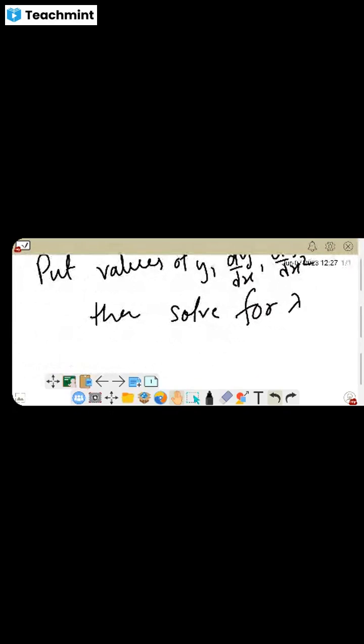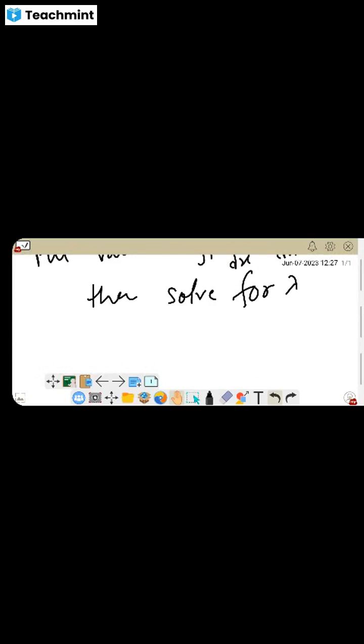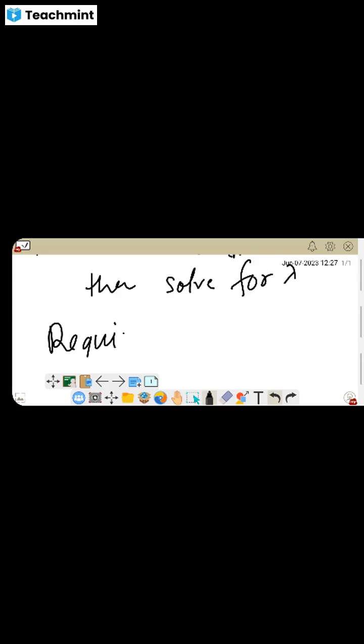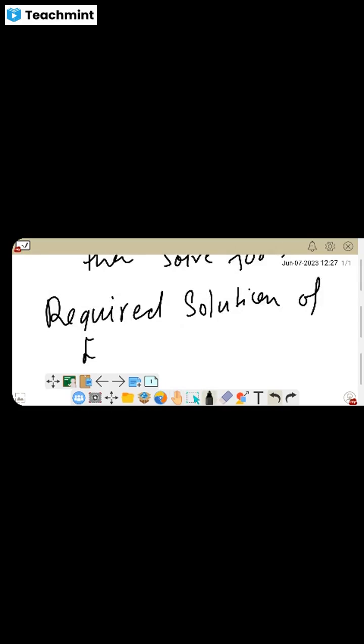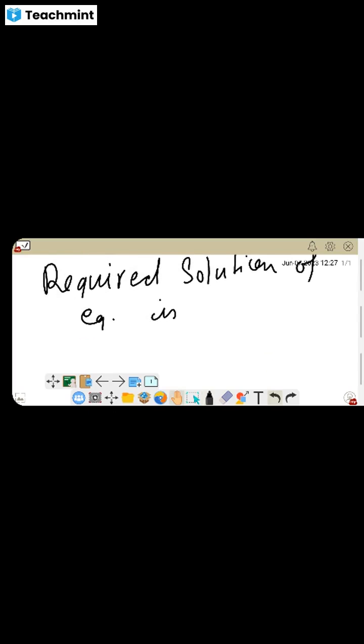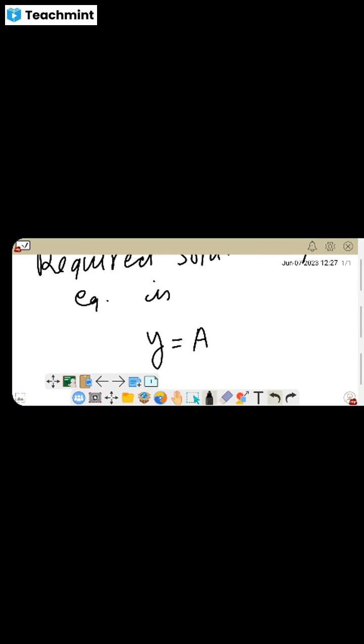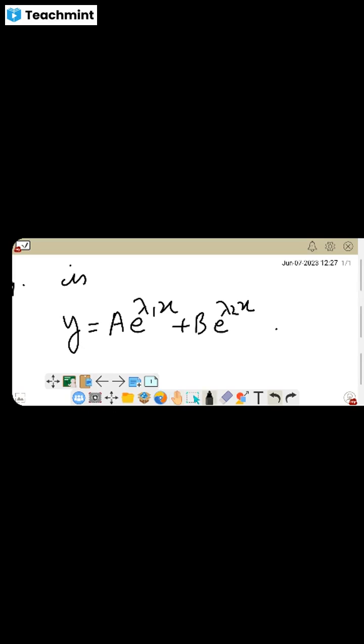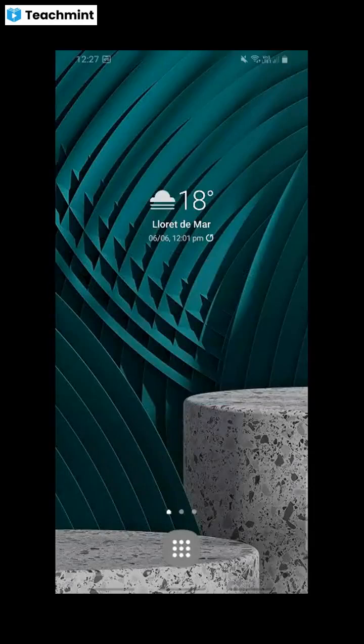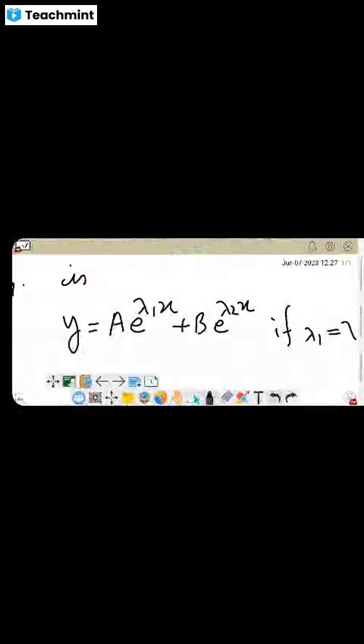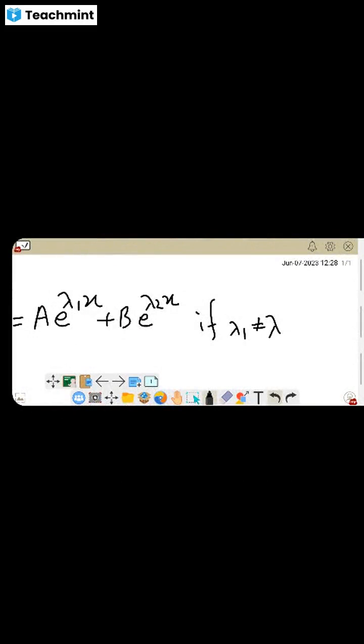Solve for lambda, and the required solution of the equation is y is equal to a into e to the power lambda 1 x, means the first value of lambda, plus b into e to the power second value of lambda x, if lambda 1 is not equal to lambda 2.